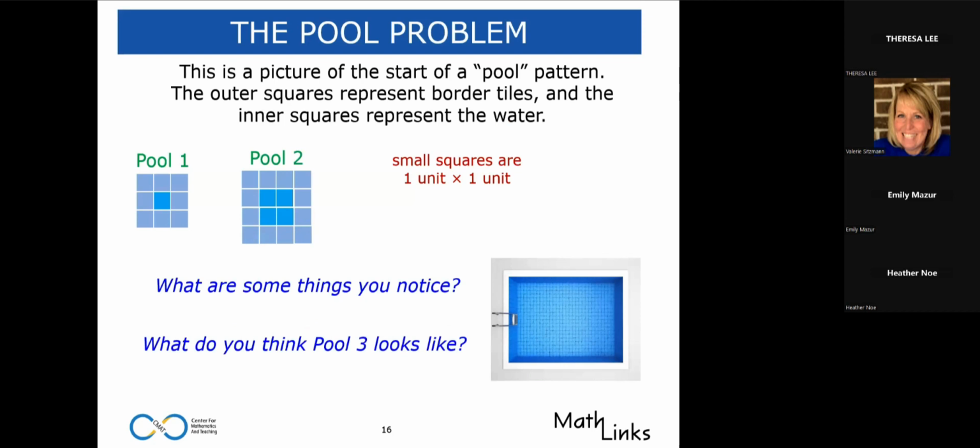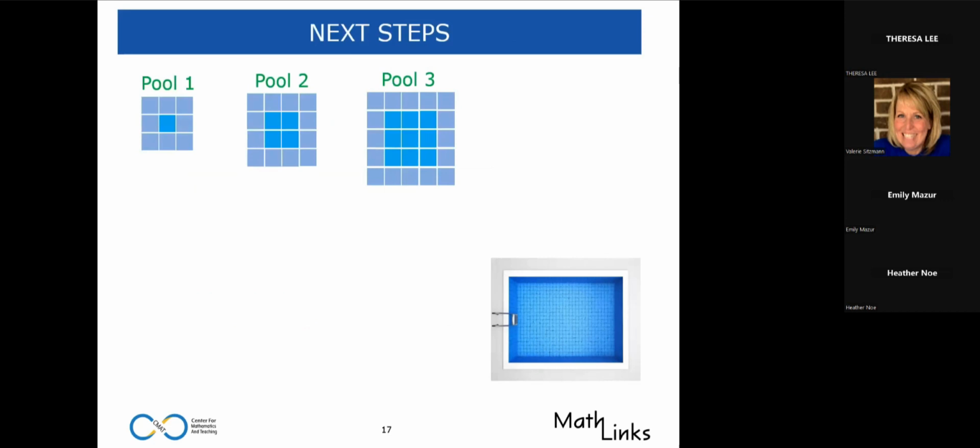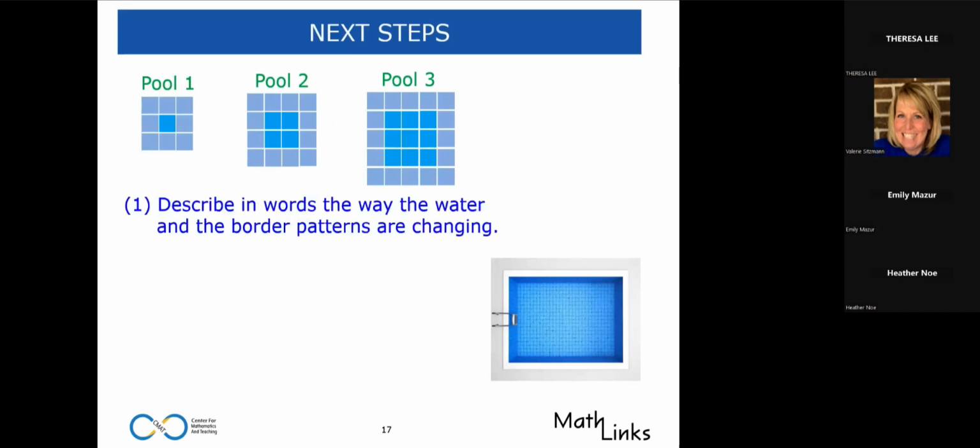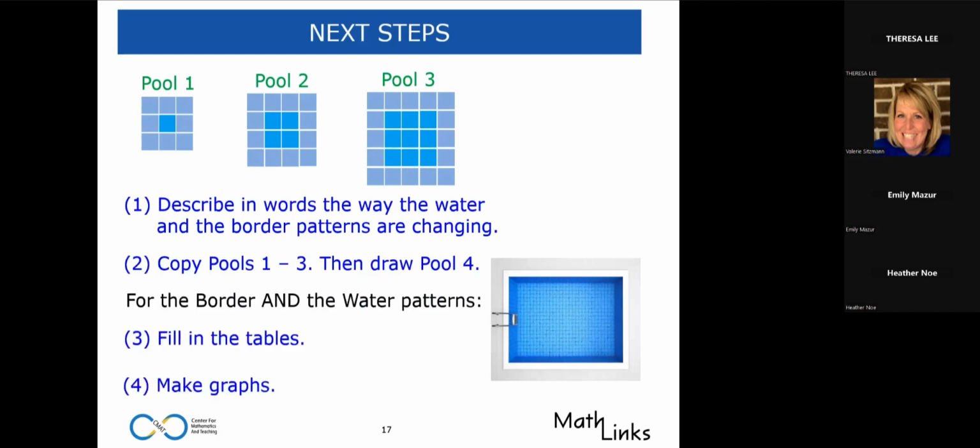Italic questions that you see here and in all of our slide decks are intended to prompt discussion. Then the students explore the problem using words, pictures, tables, and graphs.